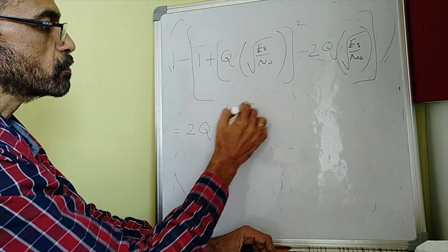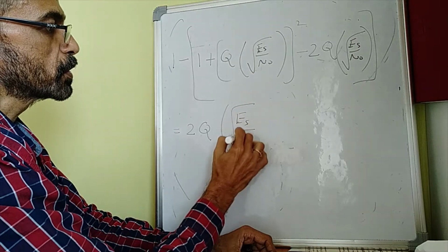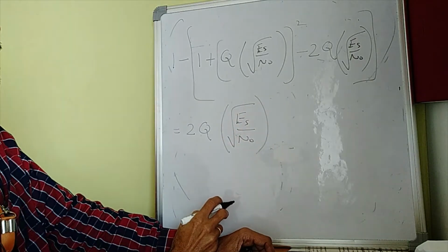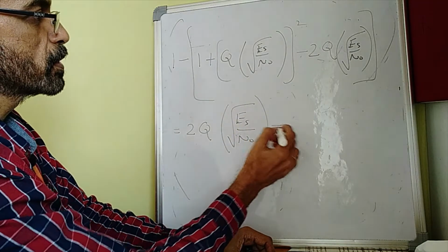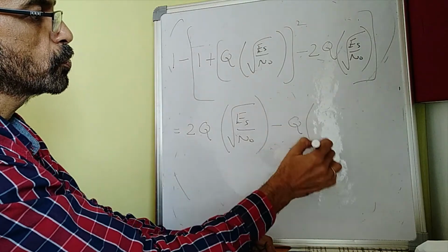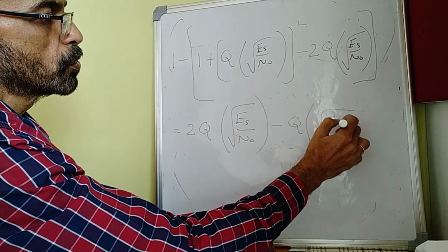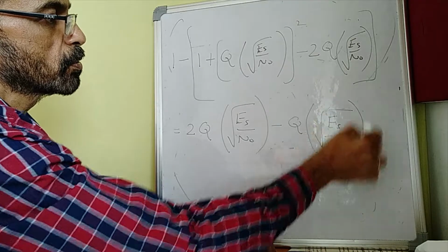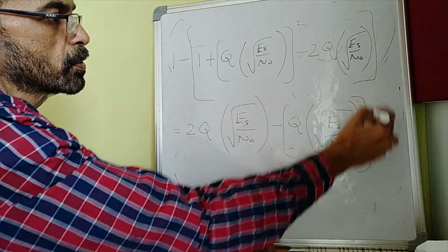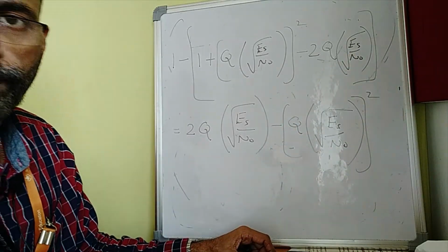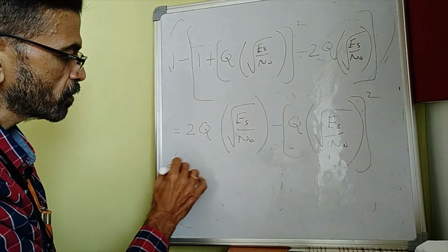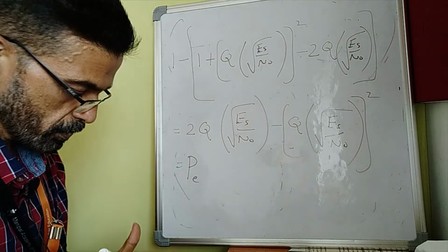So this will be equal to 2Q root Es by N naught minus Q root Es by N naught whole square. And this is the probability of error.